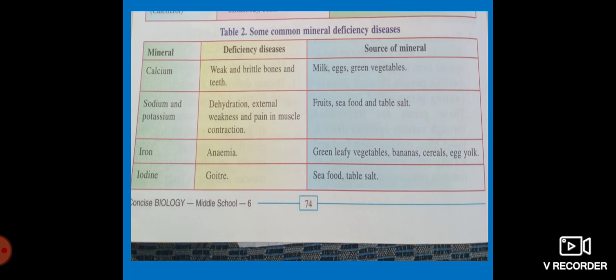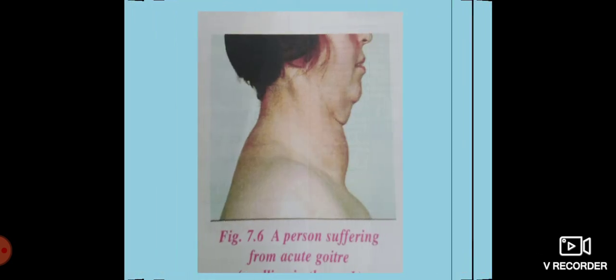Then the deficiency of iron causes anemia, and iodine causes goiter. So you have to study about the minerals and the deficiency diseases caused by them. Okay. So that's about some of the common mineral deficiency diseases.